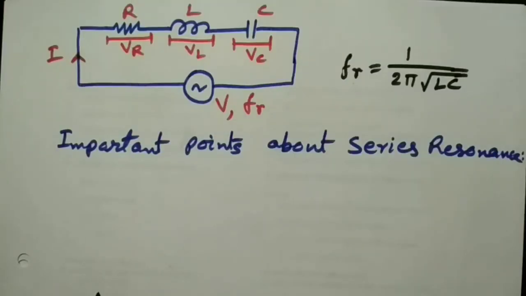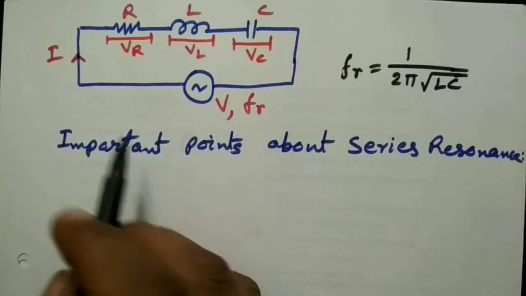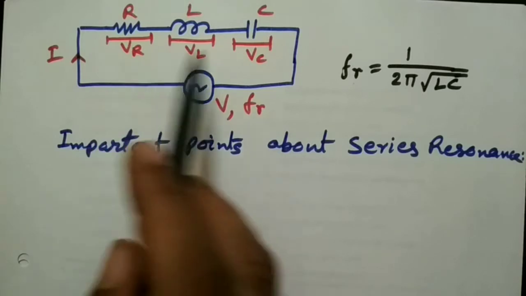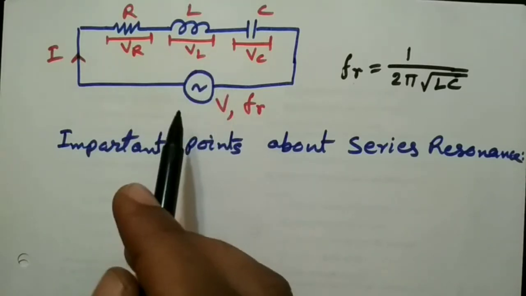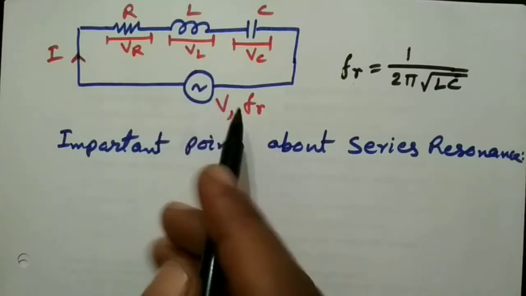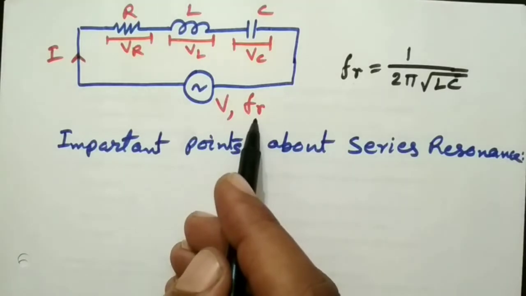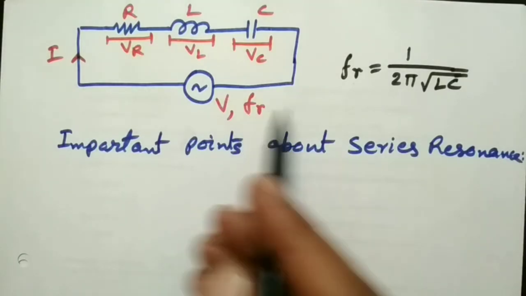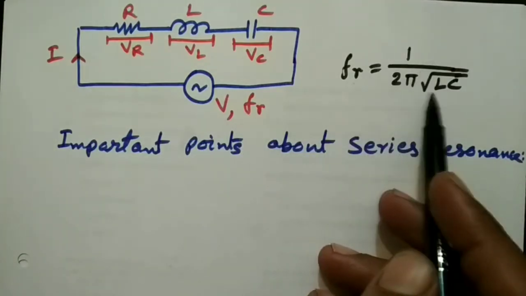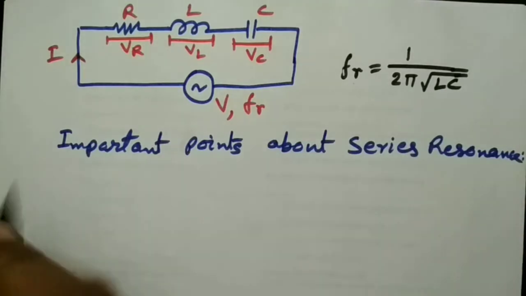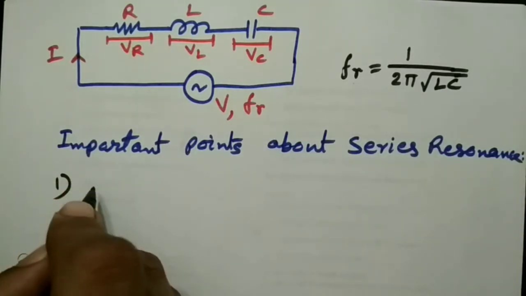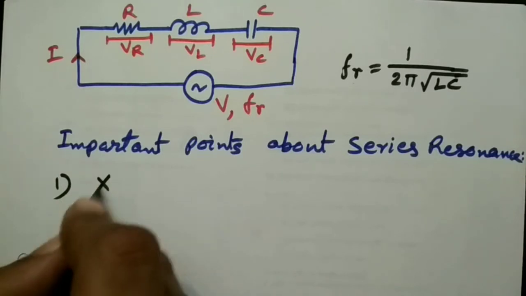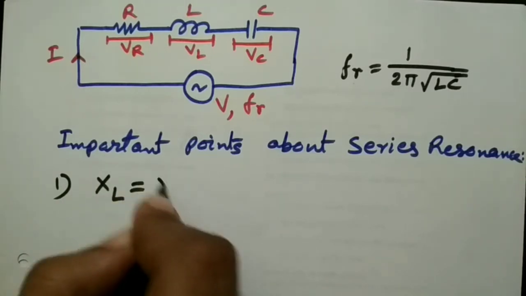Let's see the important points about the series resonance. Assume the RLC series circuit is running with a supply voltage V, and the frequency of the supply voltage is equal to the resonant frequency, where FR is equal to 1 upon 2 pi root LC. So in this case, at resonant frequency, XL should be equal to XC.